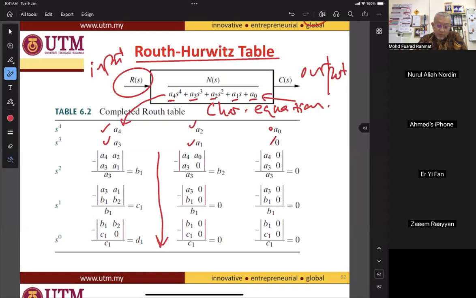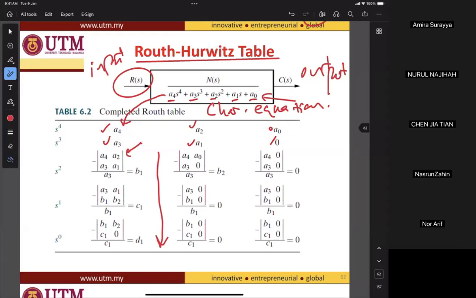Bear in mind, what is the symbol of this, left and right? Amira Suraya, what is the symbol of this left and right?